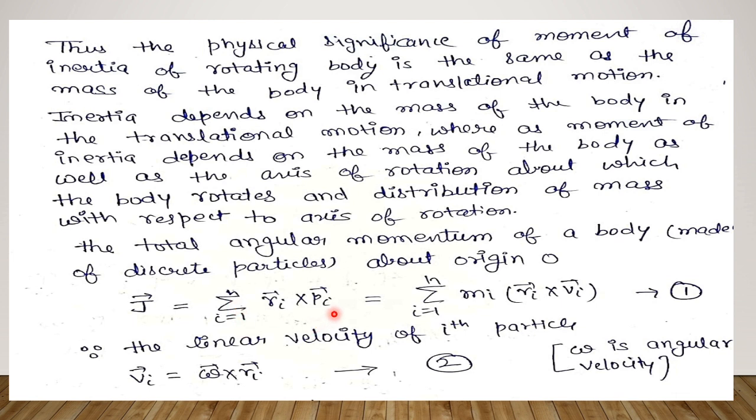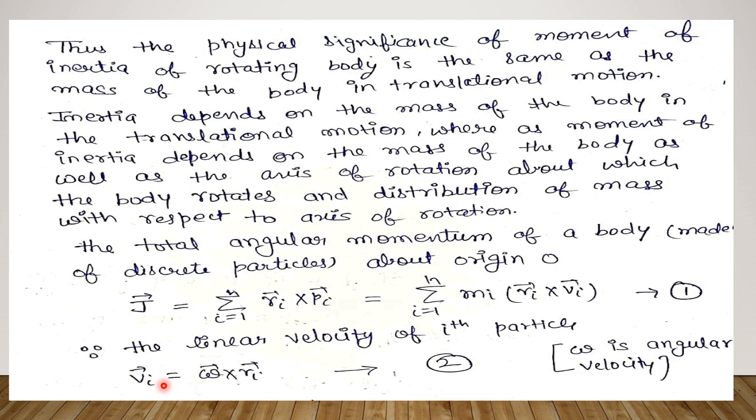As we know, momentum p equals mv, so p_i equals m_i v_i for the ith particle. And we also know the linear velocity of the ith particle relates to omega as v_i equals omega cross r_i. Here r_i is the position vector of the ith particle and v_i is its velocity. This is the relation between v, r and omega.